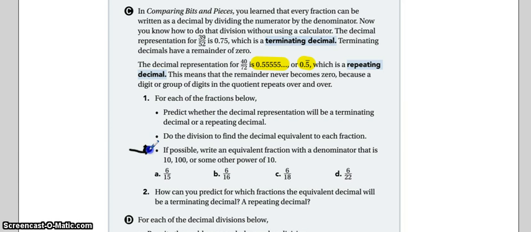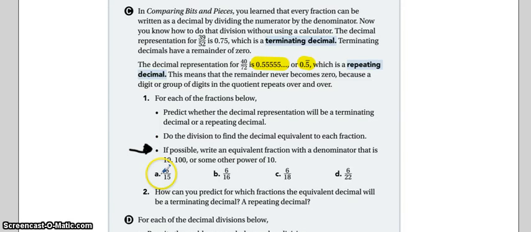Can we turn the denominator into a factor or equivalent fraction over a power of 10? Powers of 10 are 10, a hundred, a thousand, a million, something like that. If I can turn the denominator into a power of 10, then it will be a terminating decimal. If you can't turn it into a power of 10, chances are it's going to be a repeating decimal.